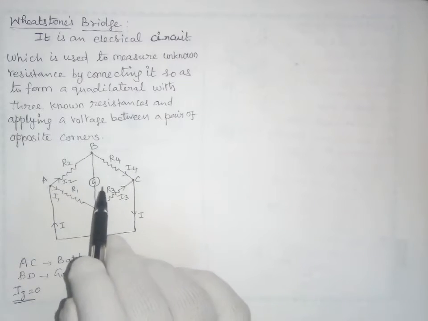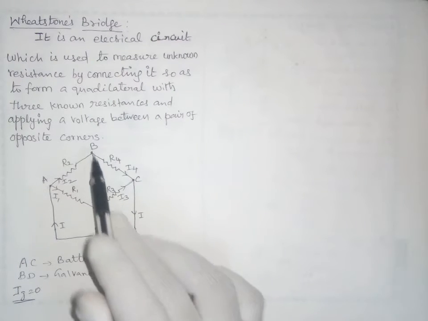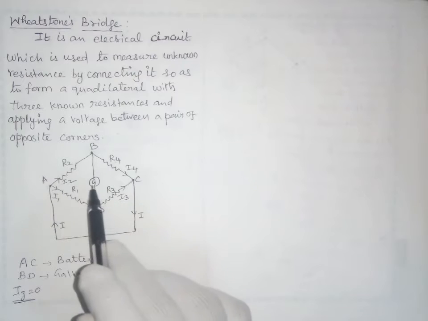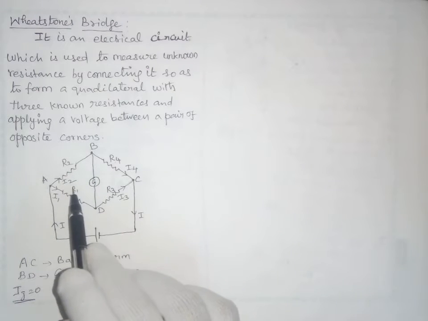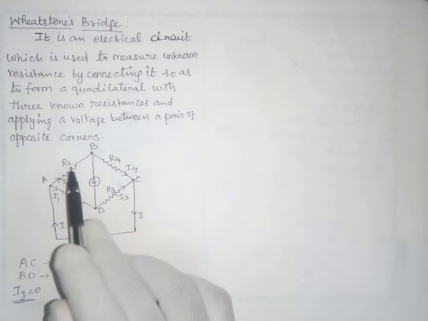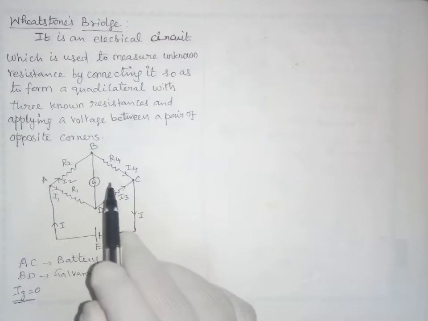For that, B and D should be at equal potential; only then no current flows through the galvanometer. So we choose the resistors R1, R2, R3, R4 to satisfy a balance condition.